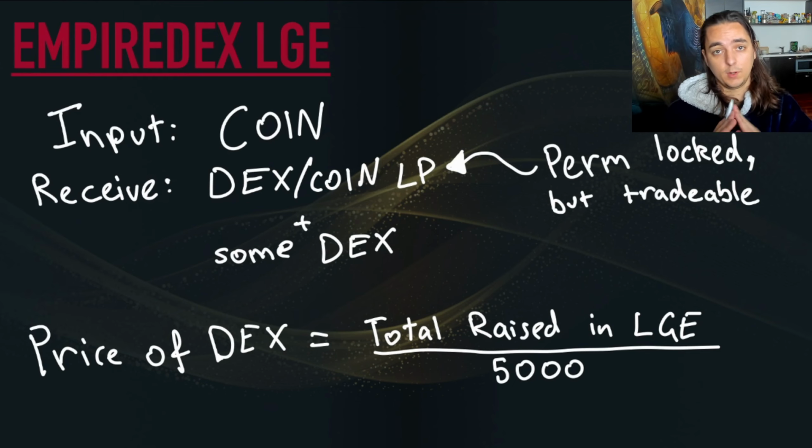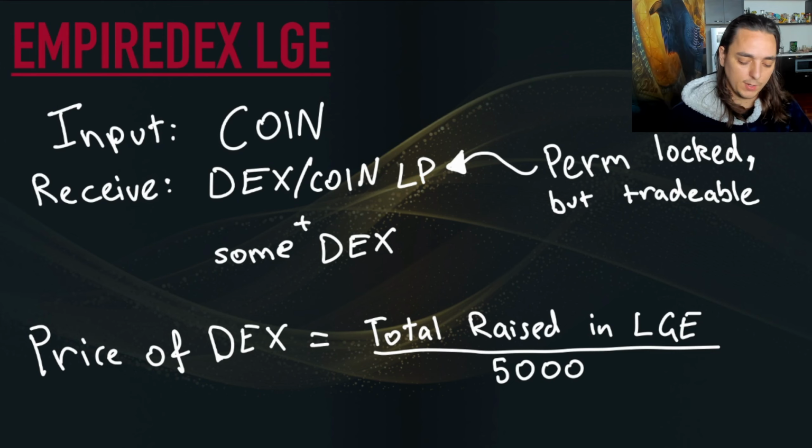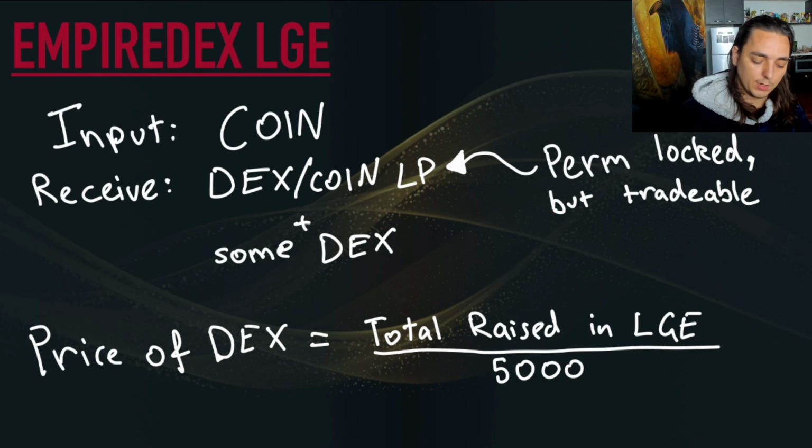So, trade-offs are coming in. You input coin, you receive DEX coin LP. In our LGEs, those are permanently locked. These LPs are tradable though on a secondary market. So for example, let's use Kronos. You would input Cro, and in return you would get your CroDEX / Cro LP.